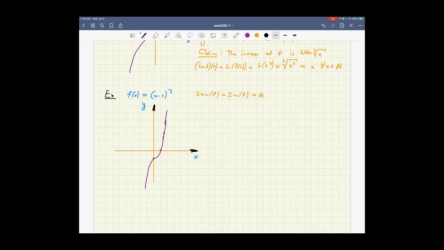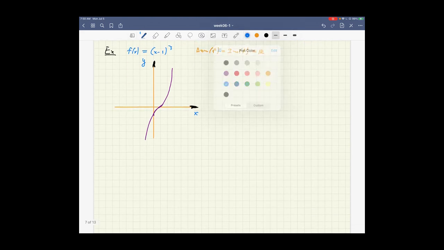And let me redraw it. Like this. Function g in this example was cubic root of x plus 1.